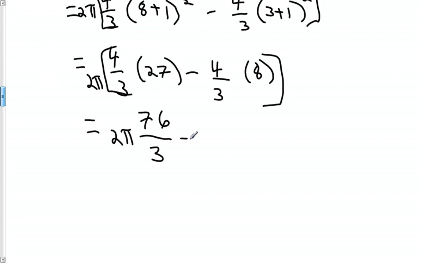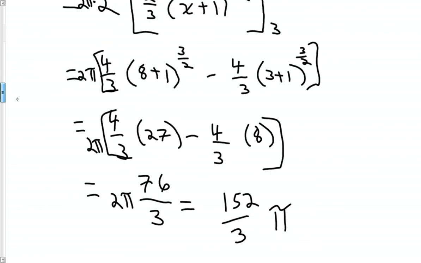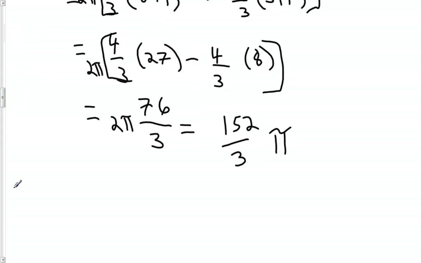And the actual surface area is 152 over 3 multiplied by pi. So the process is correct, except I forgot the factor of 2 pi in the very beginning, so I put the factor of 2 pi in at the end.